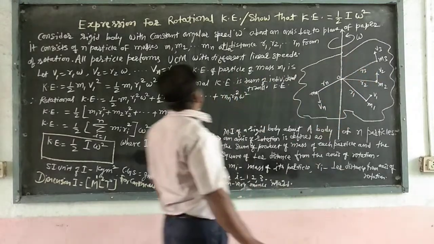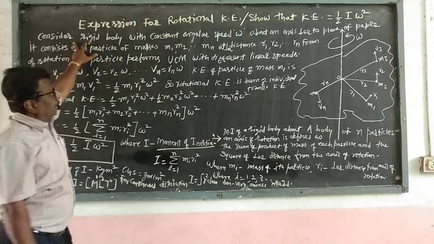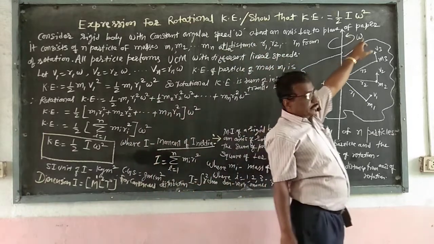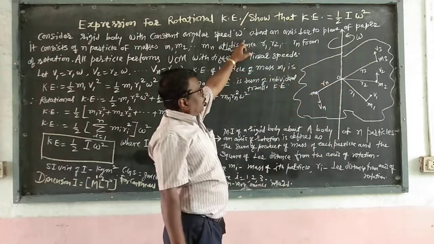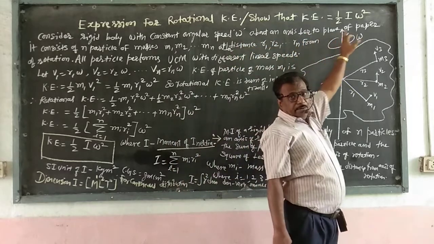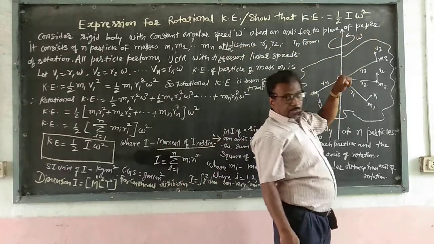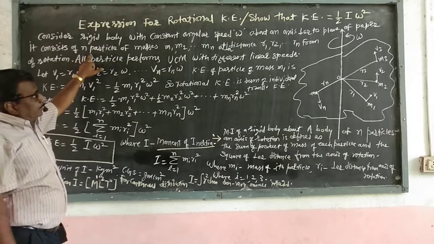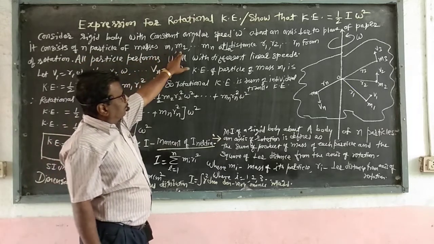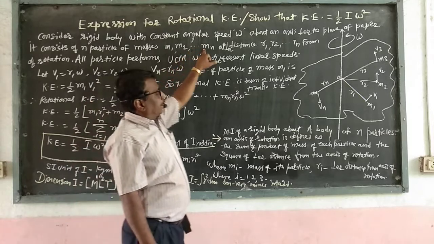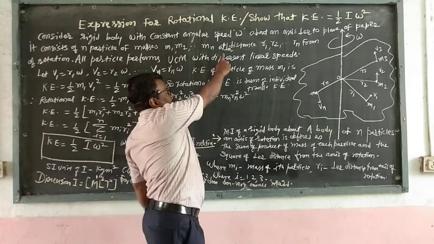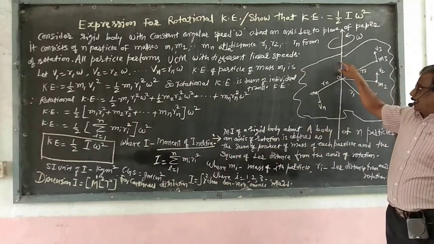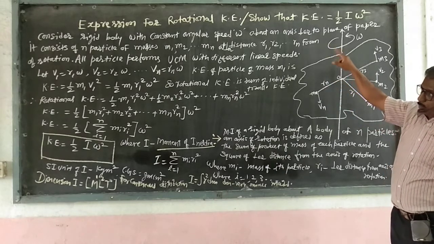Now we write here: consider a rigid body rotating with constant angular speed omega about an axis perpendicular to the plane of paper. It consists of n particles of masses m1, m2, m3, up to mn at perpendicular distances r1, r2, r3, up to rn from the axis of rotation.